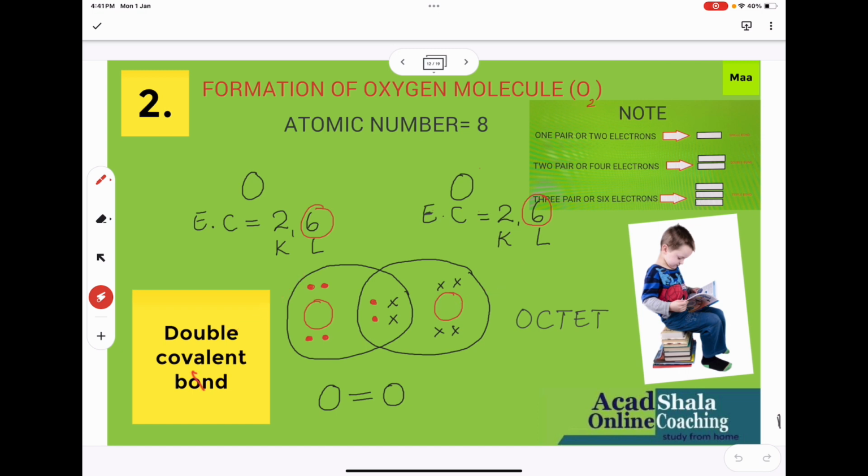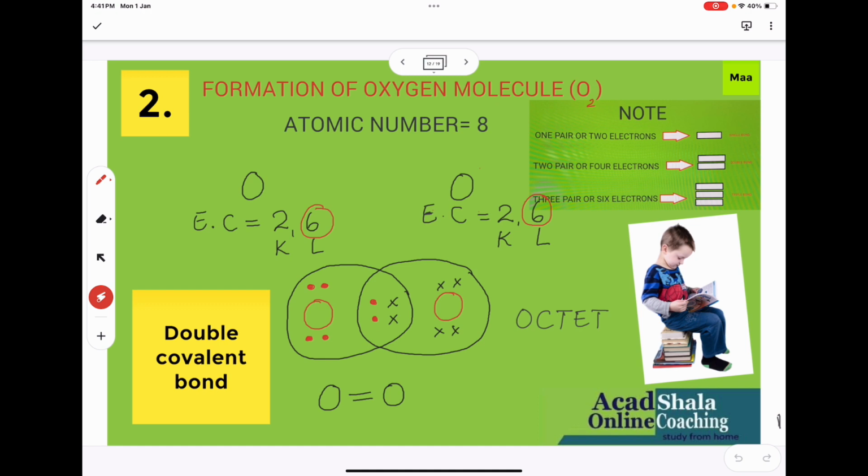In a double covalent bond, each atom contributes two electrons for sharing. It is represented by double bond between the two atoms sharing electrons.